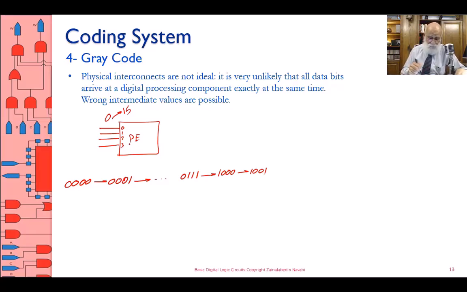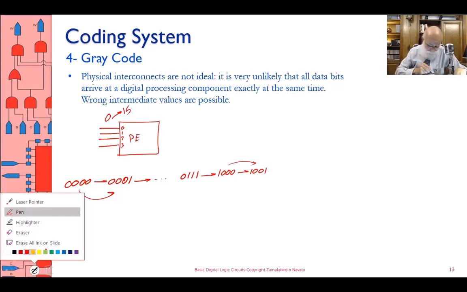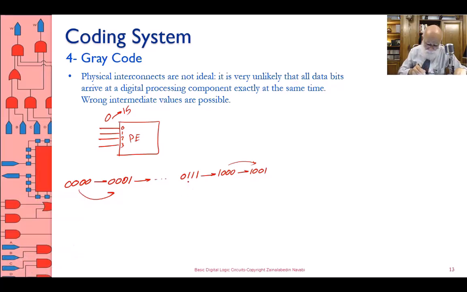My system, my processing element, is looking at these inputs and saying, okay, the temperature went up from 0 to 1, so let's make certain decisions. And then it says the temperature went up from 8 to 9, so let's make certain decisions. Okay? At one point, my system looks at the temperature, and the temperature is 7.